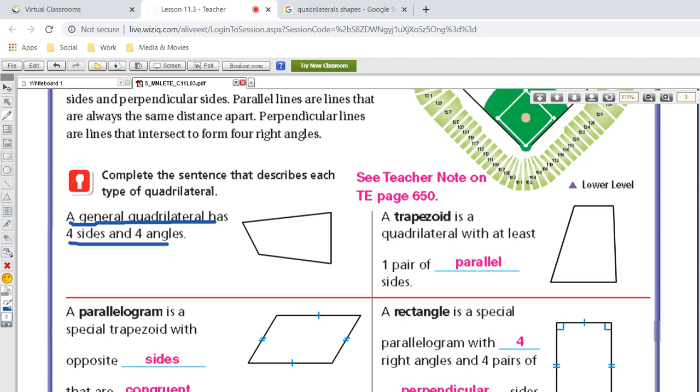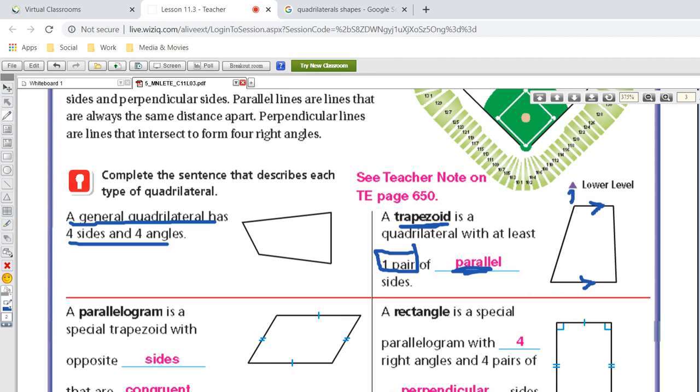The first type we have is trapezoid. A trapezoid has one pair of parallel sides. So we have this pair of parallel sides. And by the way, they are not equal in length.